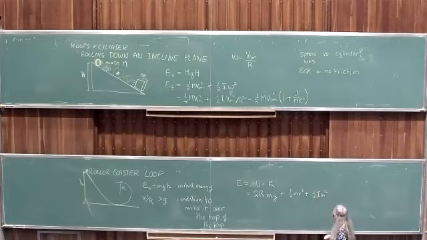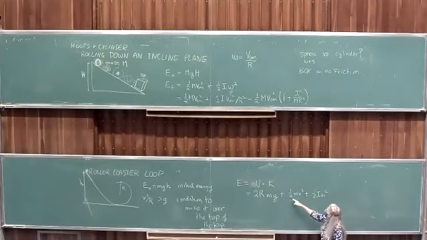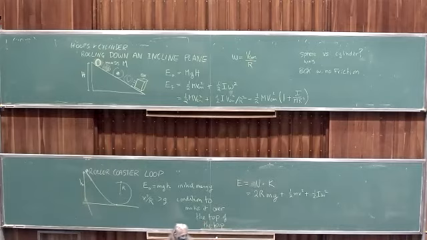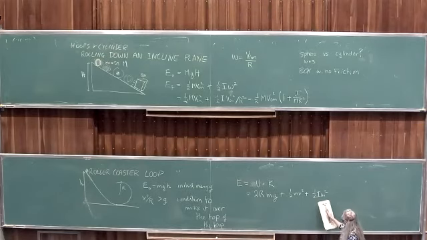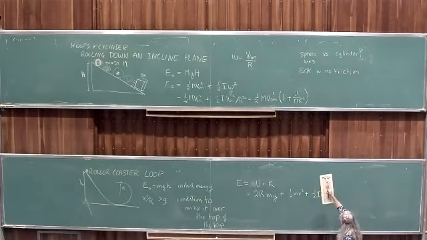plus the rotational component, which is 1/2 I omega squared. And so we can do the same thing that we did before, where we wrote this in terms of I over mr squared.